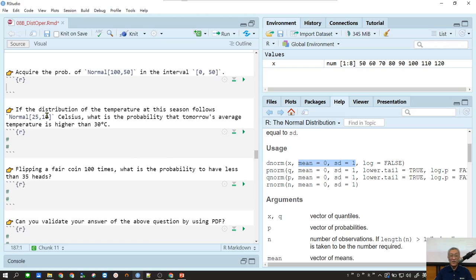And then for this one. So if the distribution of temperature in this season follows a normal distribution, right? You get this information from some weather bureau or something like that, right? So what is the probability that tomorrow's average temperature is higher than 30 degrees?